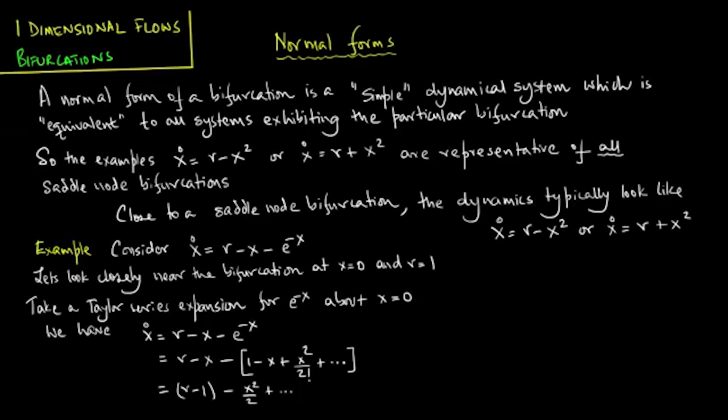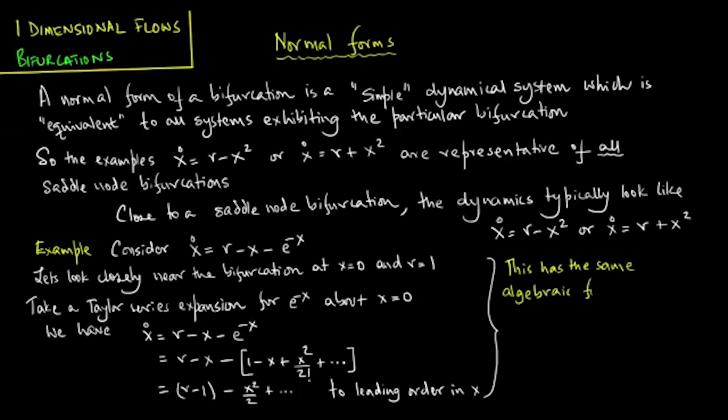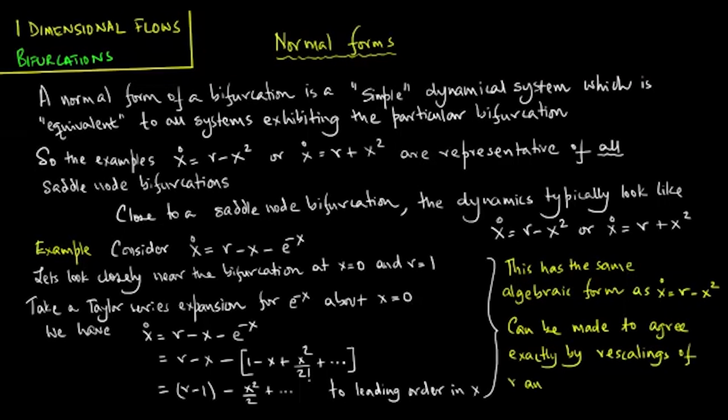So this equation is to leading order in x. Note that this actually has the same algebraic form as x dot is equal to r minus x squared, and in fact can be made to agree exactly by rescalings of r and x.